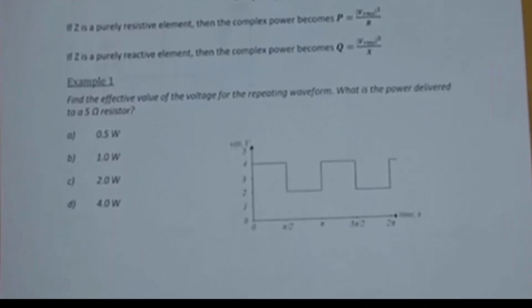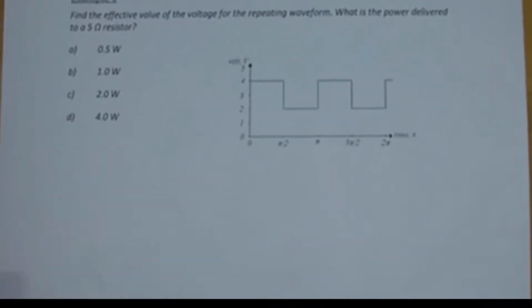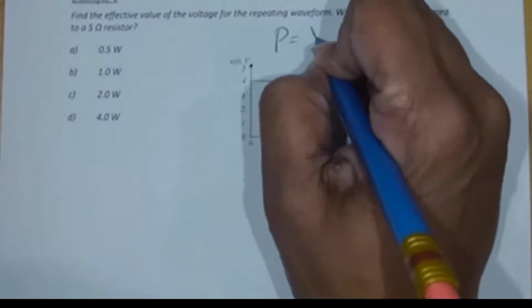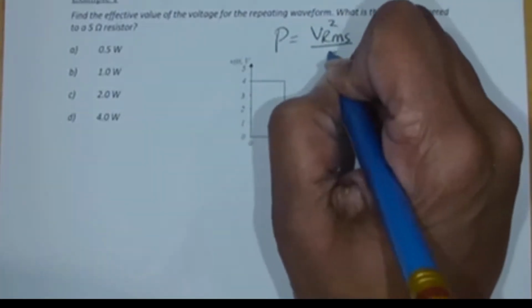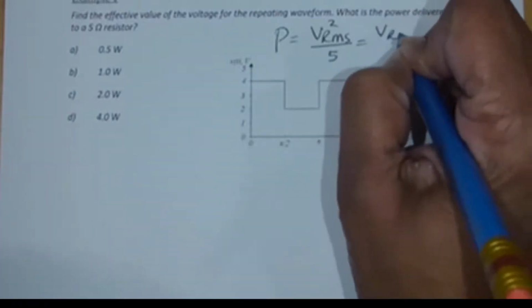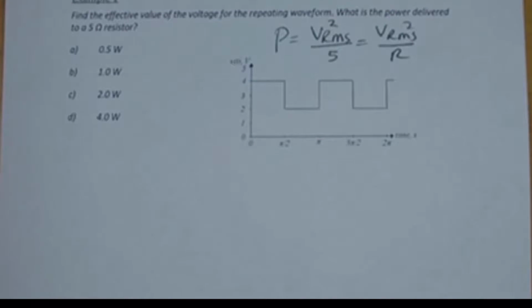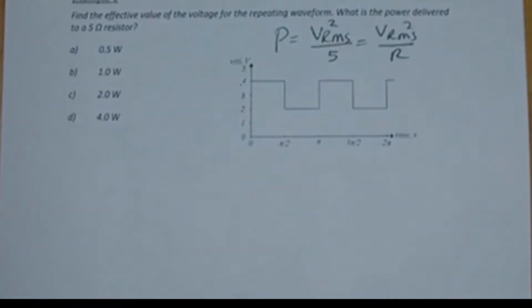So find the effective value of the voltage for the following repeating waveform. What this is saying I need to do is use the formula power equals VRMS squared over R. So I need to find the RMS value for this voltage.